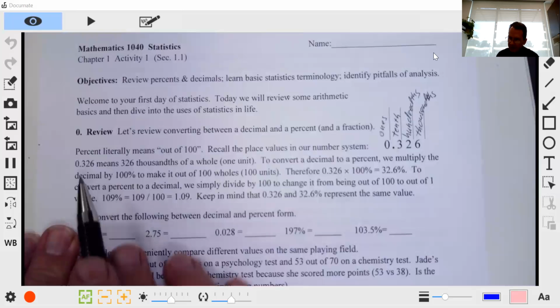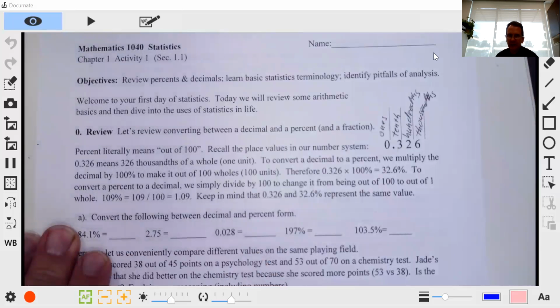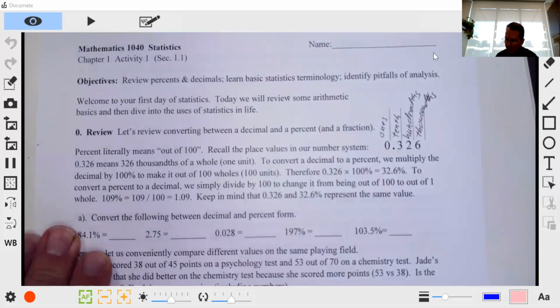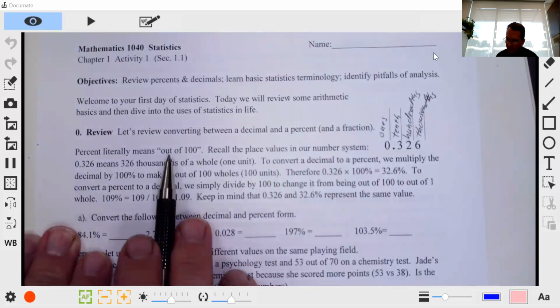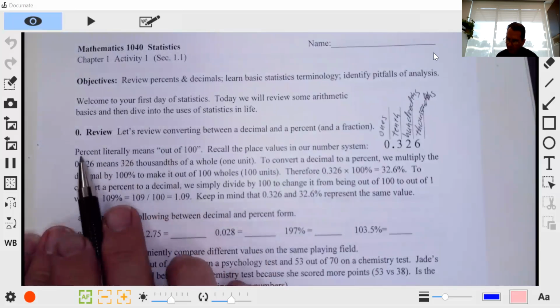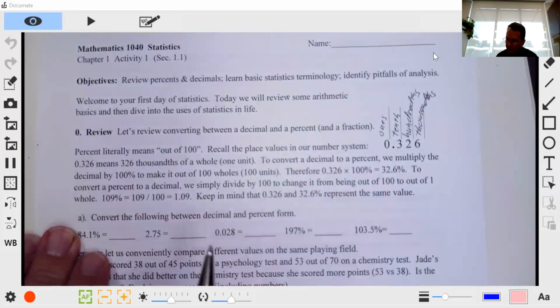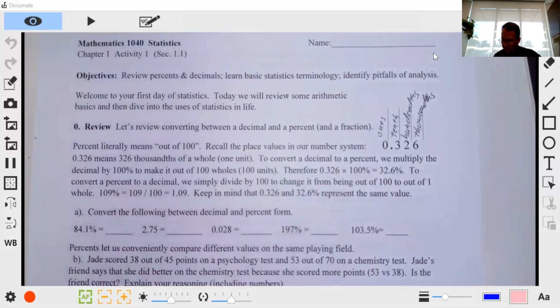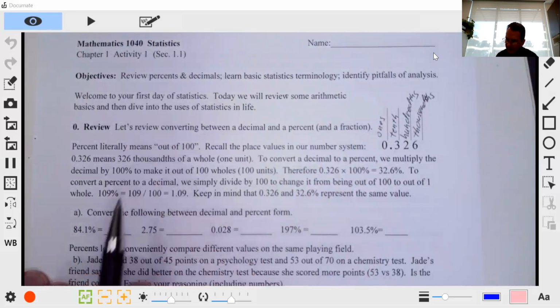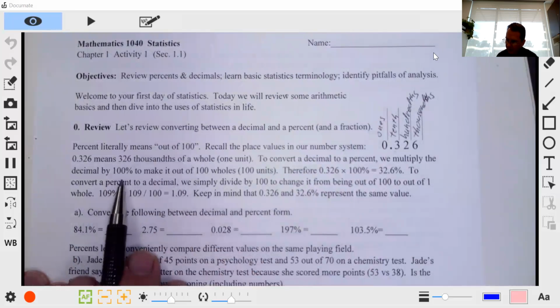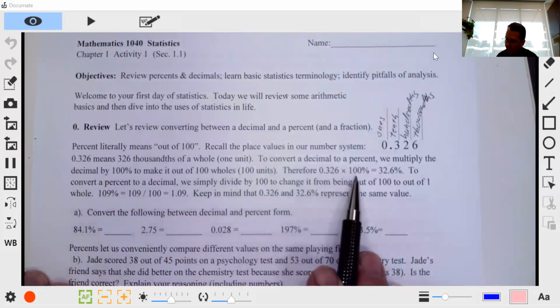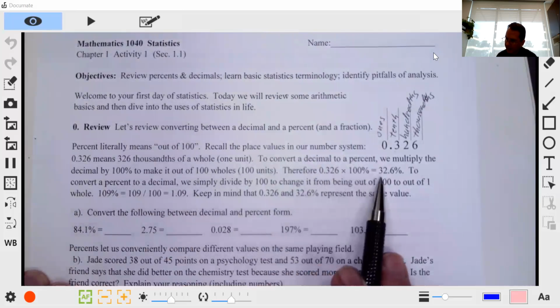So if we take 0.326, that really means 326 thousandths of one whole. Now, since percent means literally out of 100, per 100, what we need to do is convert that from per 1 to per 100. And the easiest way to do that is multiplying by 100. So 0.326 times 100%, which is also known as 1, is 32.6%.